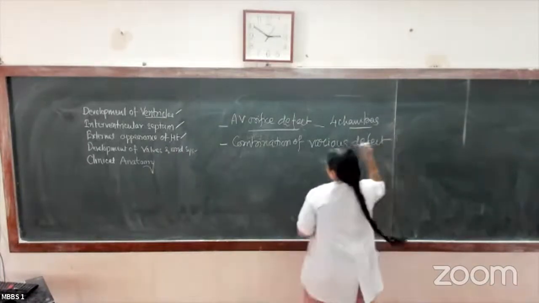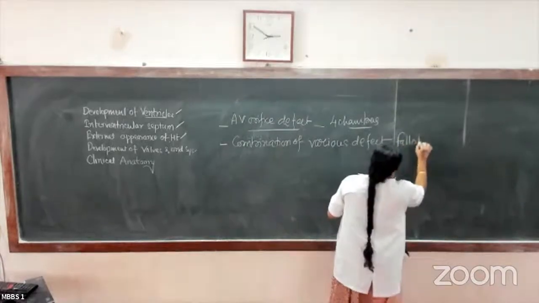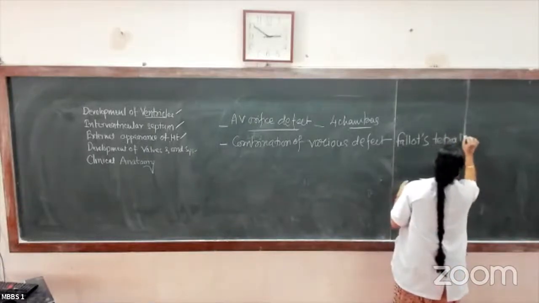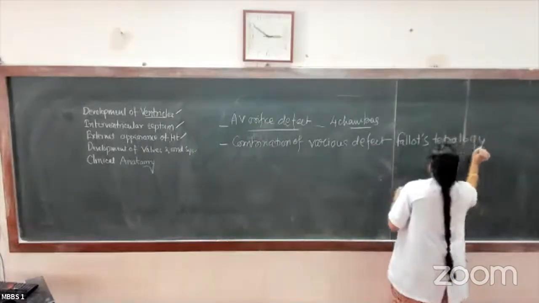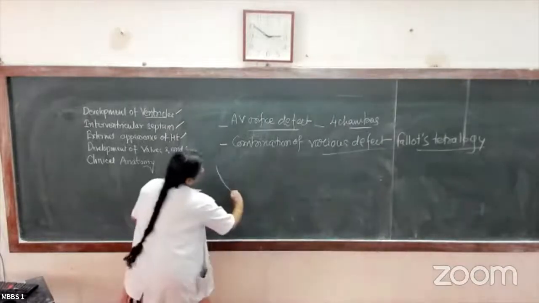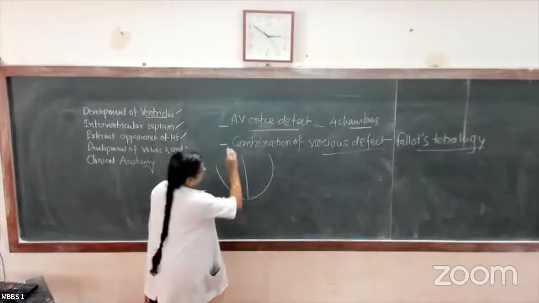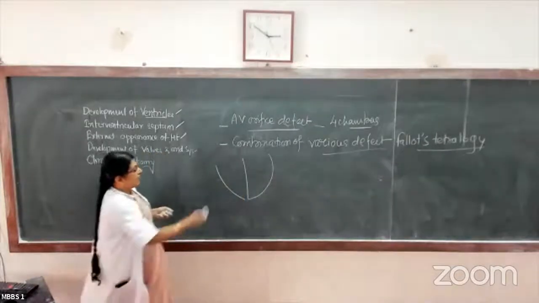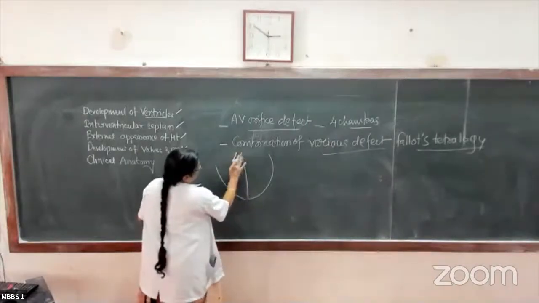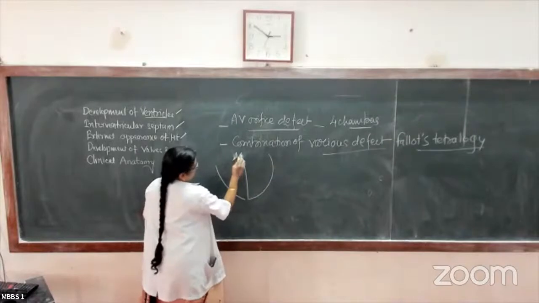And under this, you should know about Fallot's tetralogy. What is in this Fallot's tetralogy? We will say this is the right ventricle, this one is the left ventricle, here is the septum. Now, the pulmonary artery should originate from the right ventricle. Now, there is a stenosis of the pulmonary trunk.